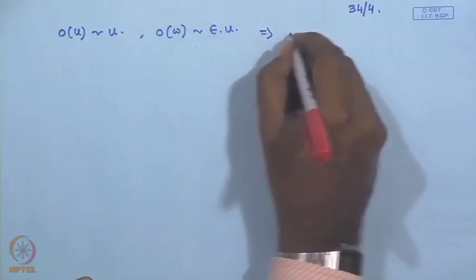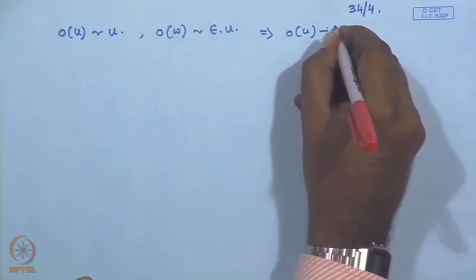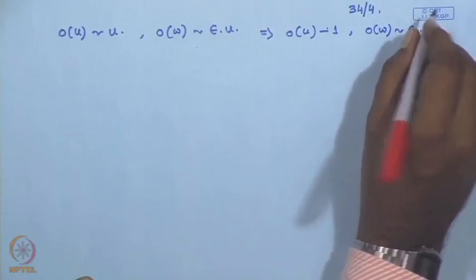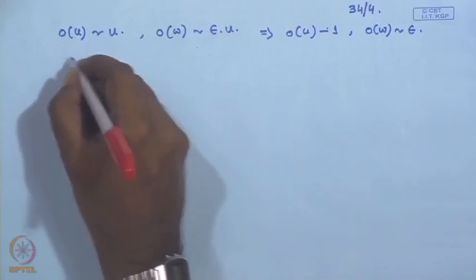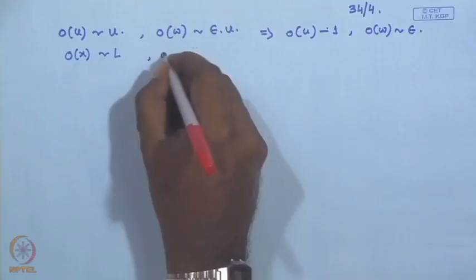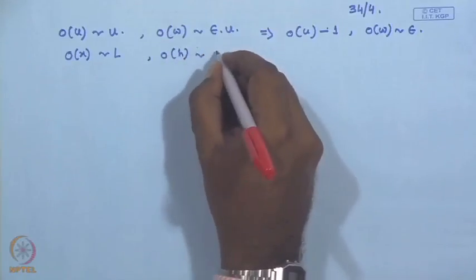We normalize the order of u to be equal to 1, therefore, order of w is equal to epsilon. Order of x is L, order of h is h.